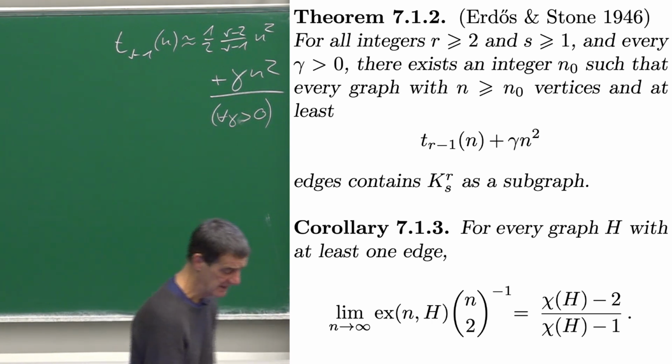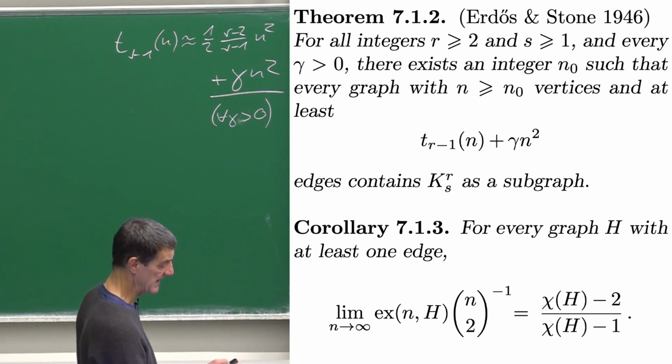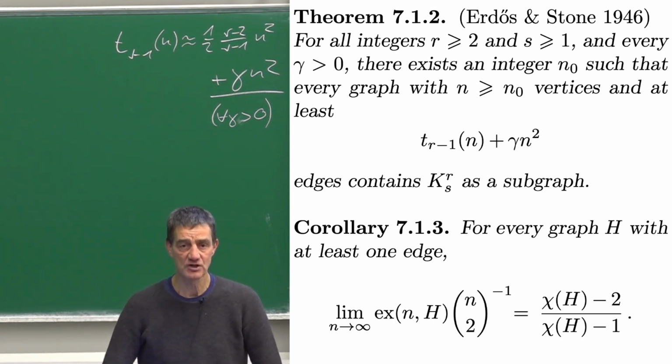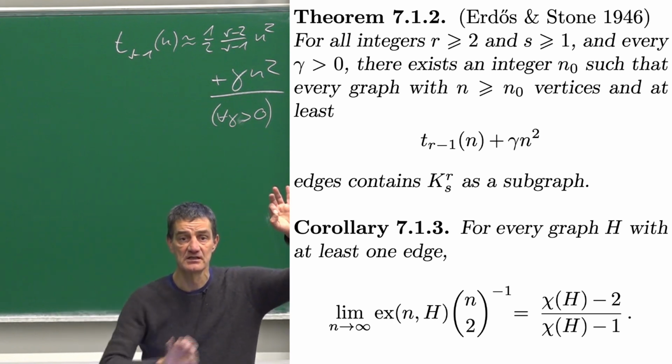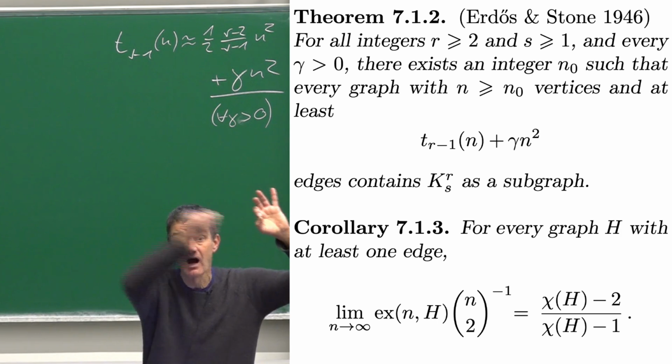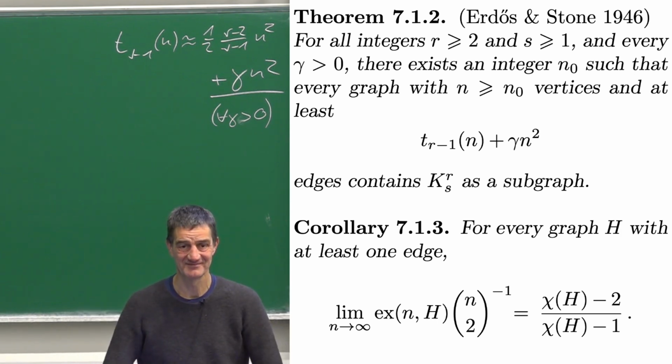prove the Erdős-Stone theorem as it is stated there, just with K_r(s). In particular, you have lots of copies of Kr. Just choose one vertex from each of these classes. Then you have a complete graph on r vertices. And there's many, many ways of choosing them. Right?